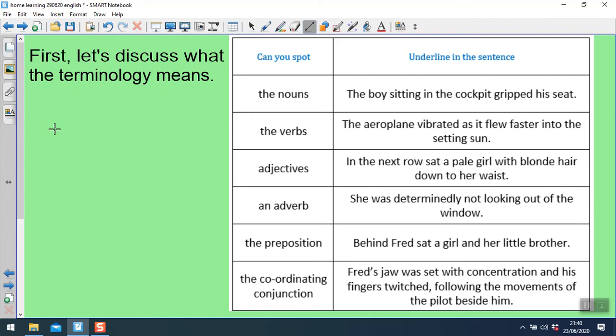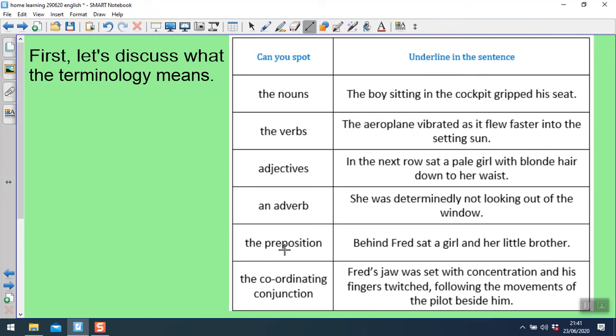So what I'd like you to do is look at this grammar spotter. And you've got to find different things in different sentences. First, let's discuss what the terminology means. So we know that nouns are naming words, we know that verbs are doing words, we know that adjectives are describing words, and we know that adverbs usually modify or describe a verb.